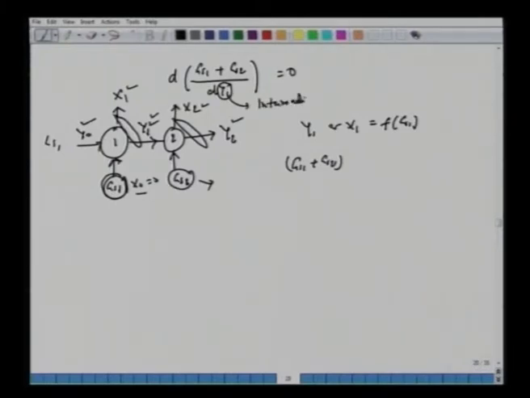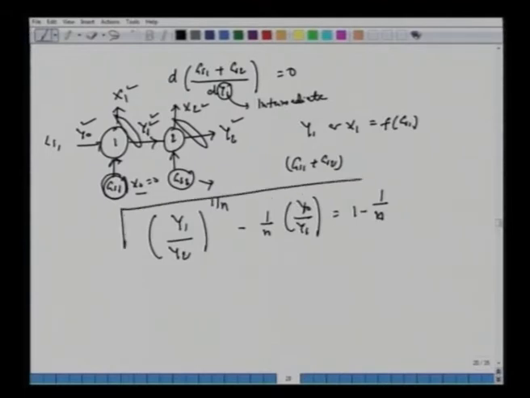If you differentiate and equate to 0, we have the condition (Y1 over Y2) to the power 1 over n minus 1 over n, times Y0 over Y1, equals 1 minus 1 over n. This is the equation we obtained in the previous class.